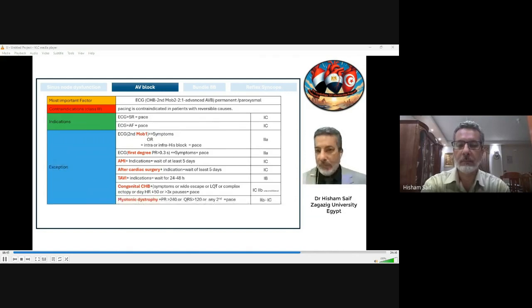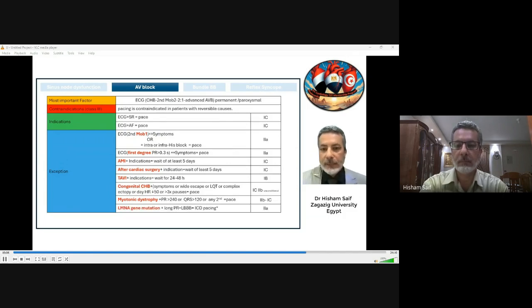The seventh exception is the patient diagnosed with myotonic dystrophy with PR or QRS prolongation or any second-degree heart block. These patients are at very high risk of rapid progression of heart block and sudden cardiac death. Thus, with the slightest sign of conduction disturbance, a pacemaker should be indicated.